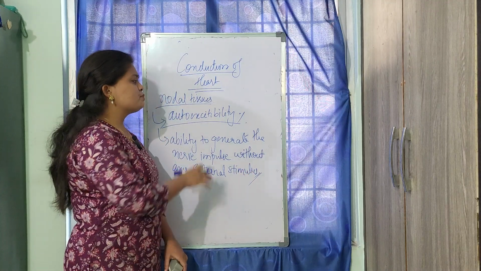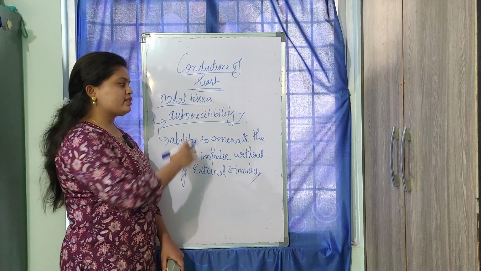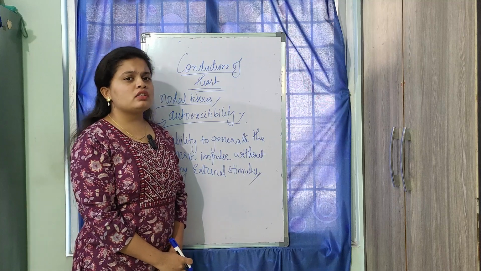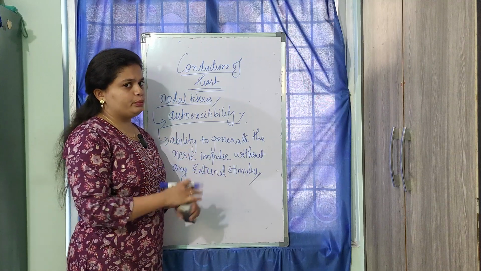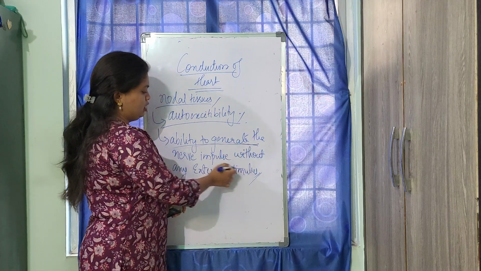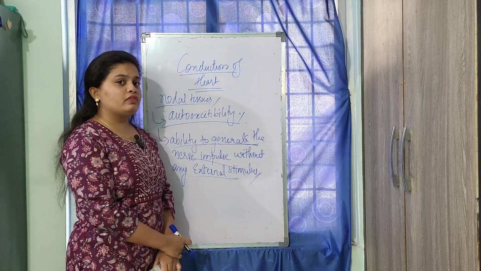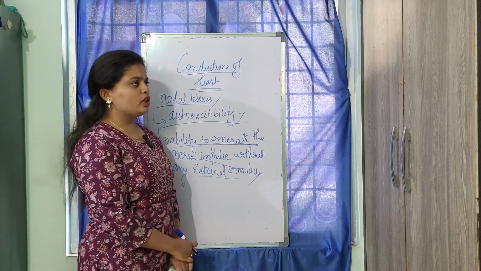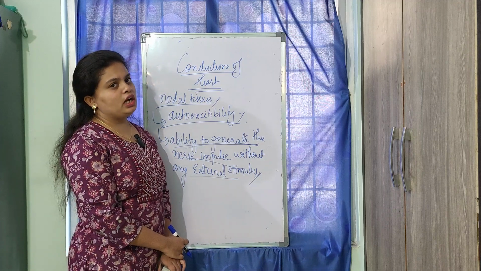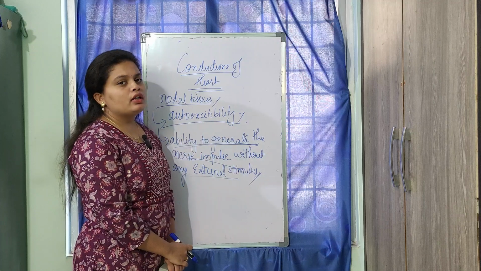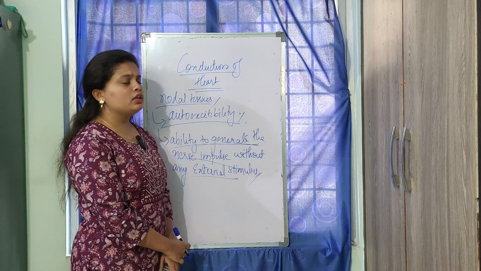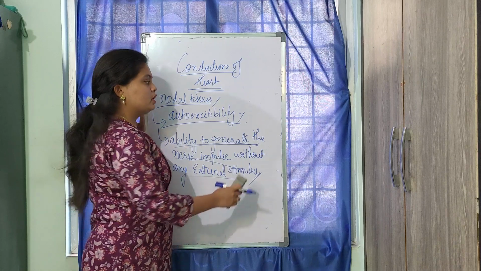So this special property of autoexcitability is seen in these nodal tissues, where there is no need for any external stimulus to tell the heart to beat. They will beat on their own. They will generate the nerve impulse on their own without any instructions received from the CNS. That is the speciality of this myogenic heart. Because they have nodal tissues, they are able to generate a heartbeat without any external signals from the CNS.